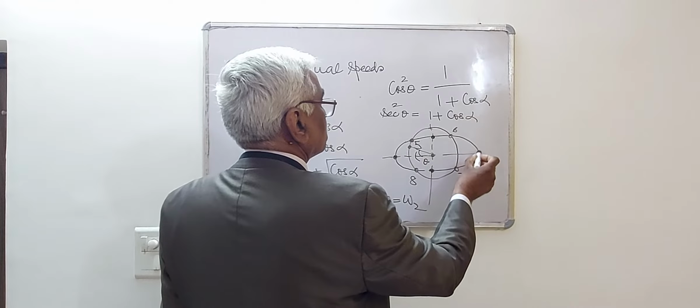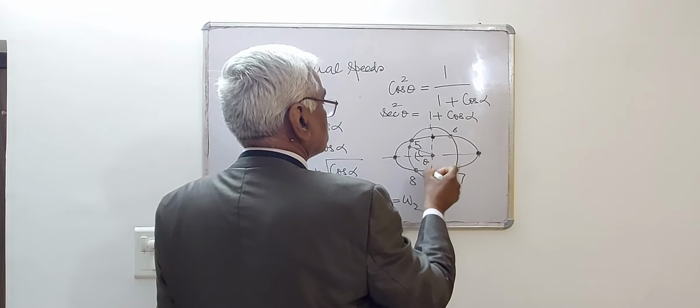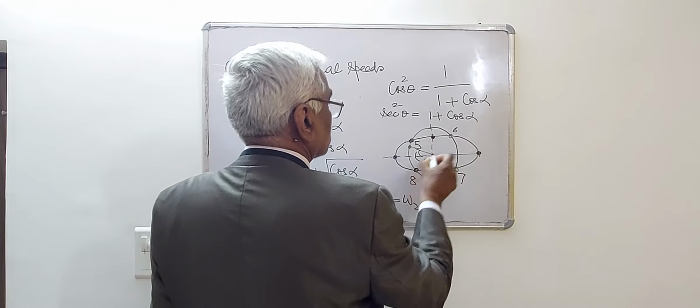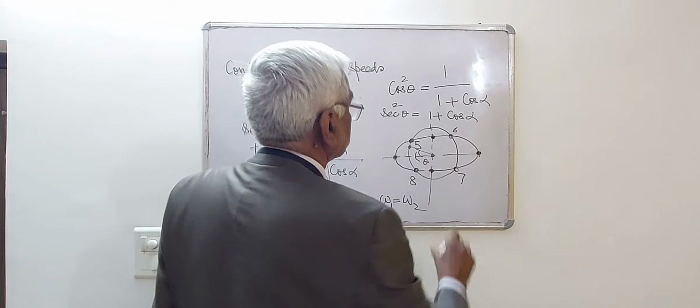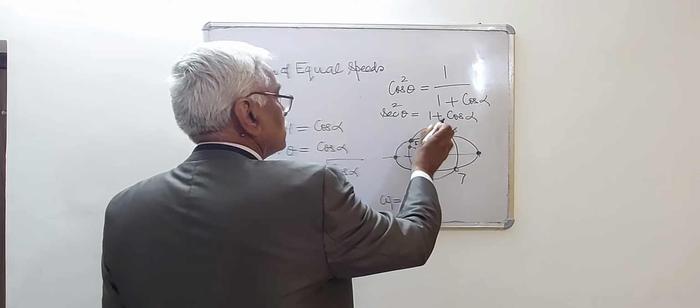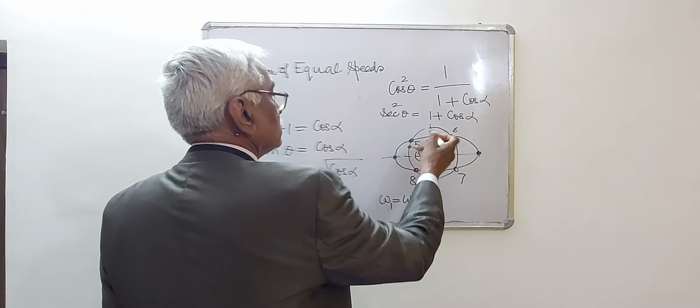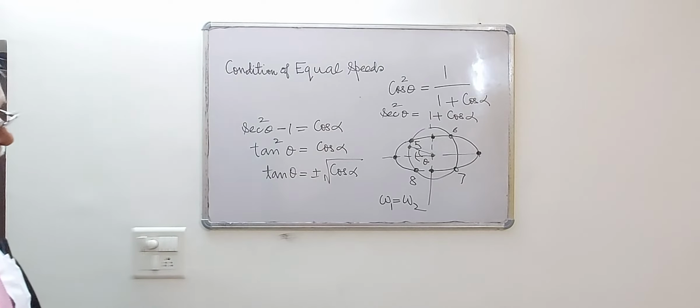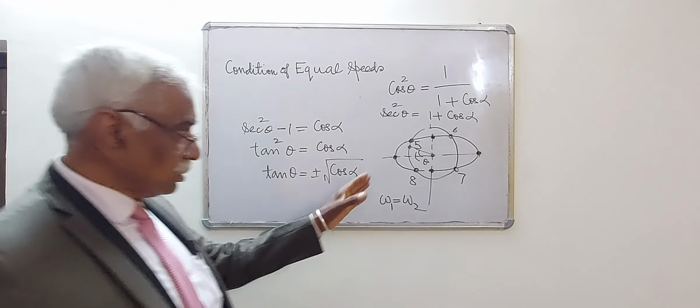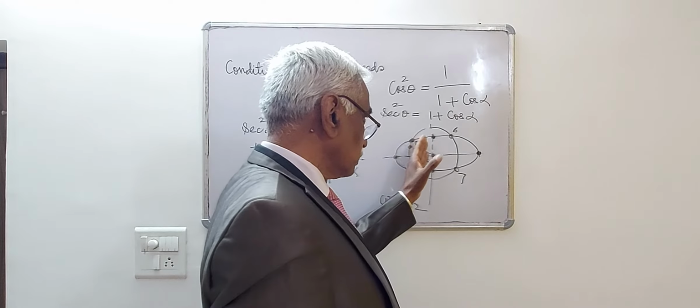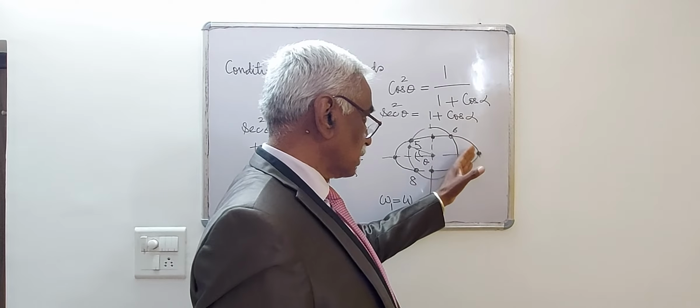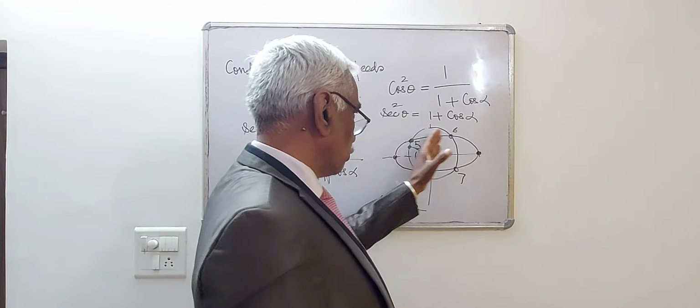These are the points of maximum speed, these are the points of minimum speed, and these points are of equal speeds. The speed of the driving shaft is shown by the circle, and the speed of the driven shaft goes on changing depending upon the value of theta in an elliptical form like this.